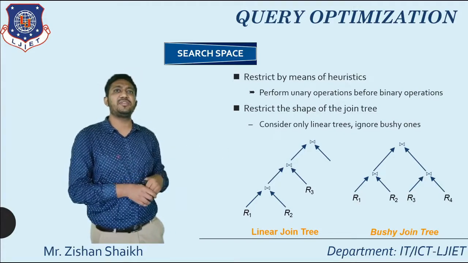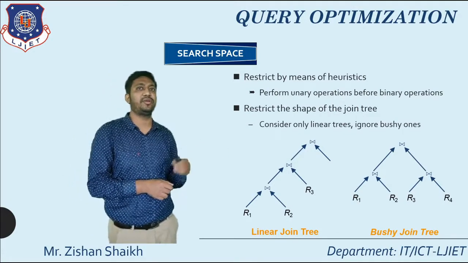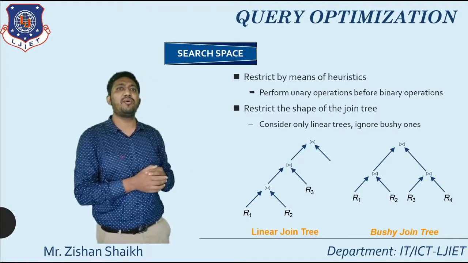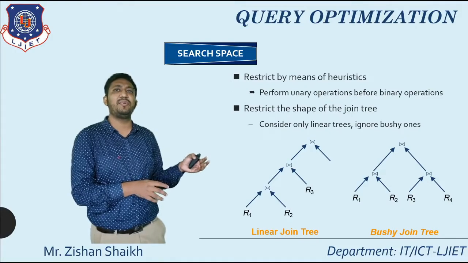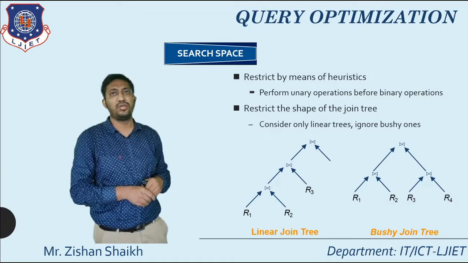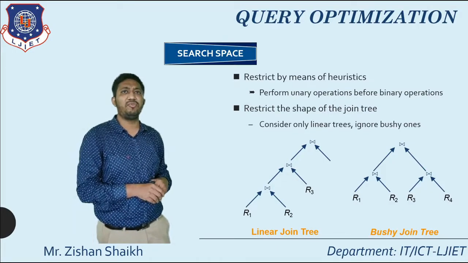So the heuristic approach is used to divide our particular alternatives under some constraint. Now second step is restriction of the set of join trees. According to the given structure of our tree, we have to decide whether that particular tree is unique or if that tree is valid or not. So basically 2 types of join tree will be used.